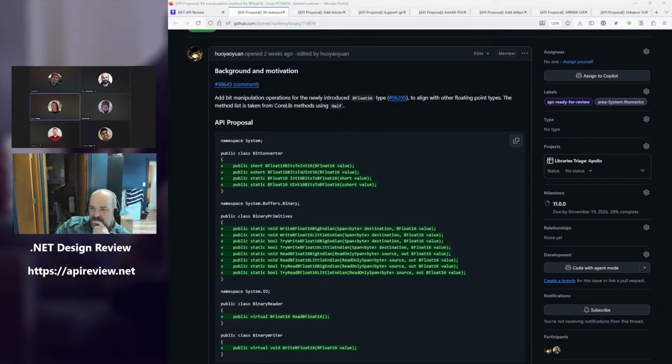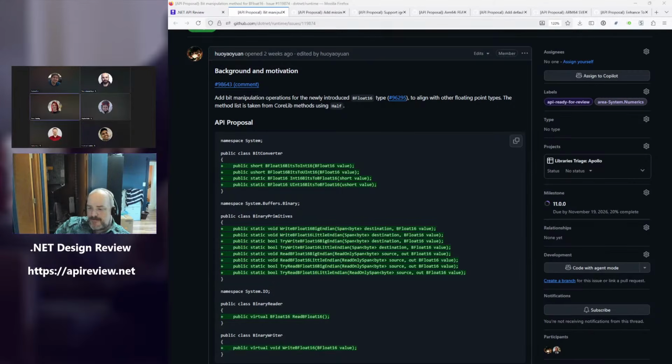Like get bytes, we typically recommend people use the binary primitives instead. It looks like we did end up adding half and int 128 there though. So yeah, it feels like most of the other stuff that's on this type has moved into generic math. Like the try-write bytes, I think the try-writes live on the type themselves now.